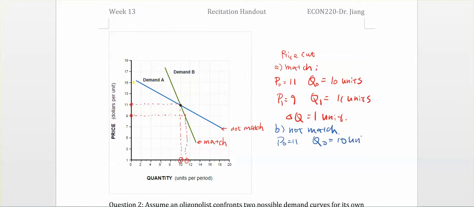How about when the price decreases to $9? We can find it located at this point. When the price equals $9, the new quantity demanded is 14 units. So the quantity increased by 4 units.